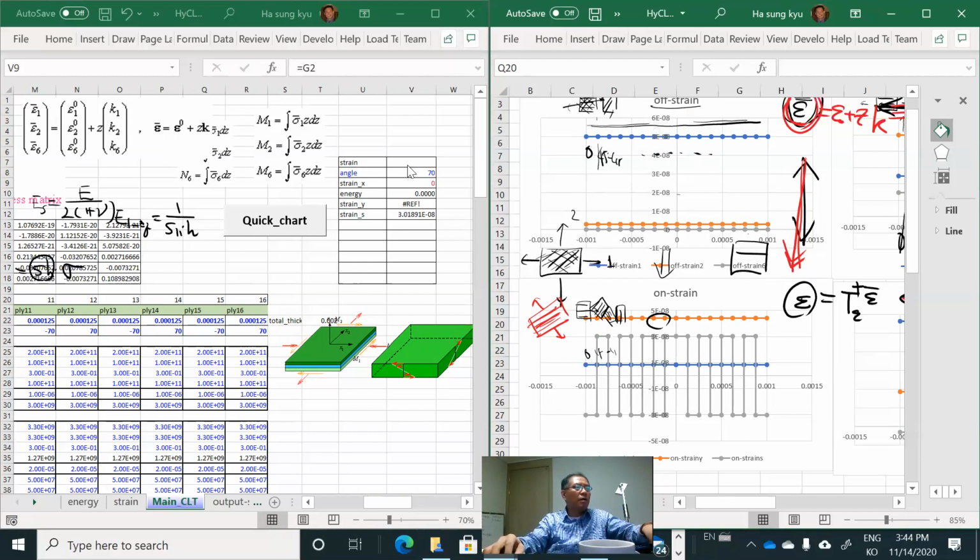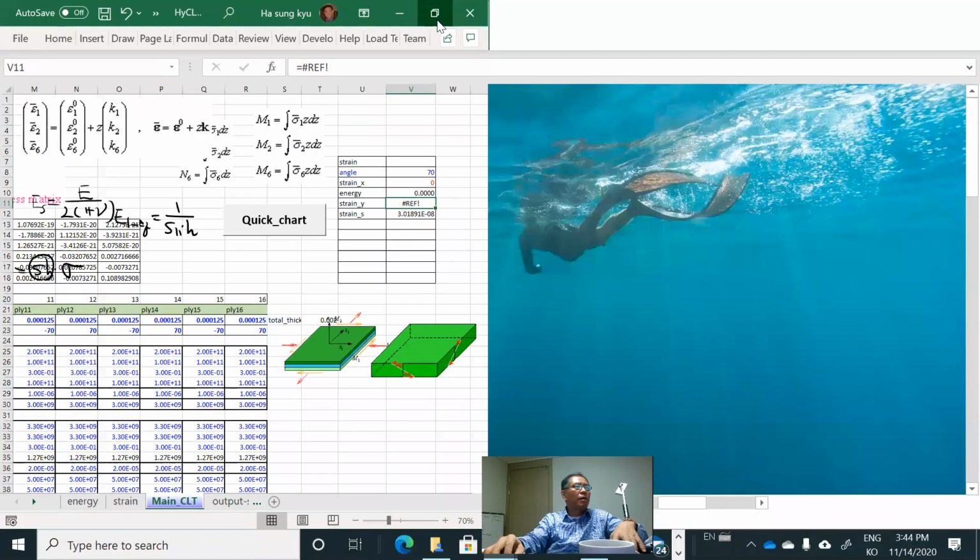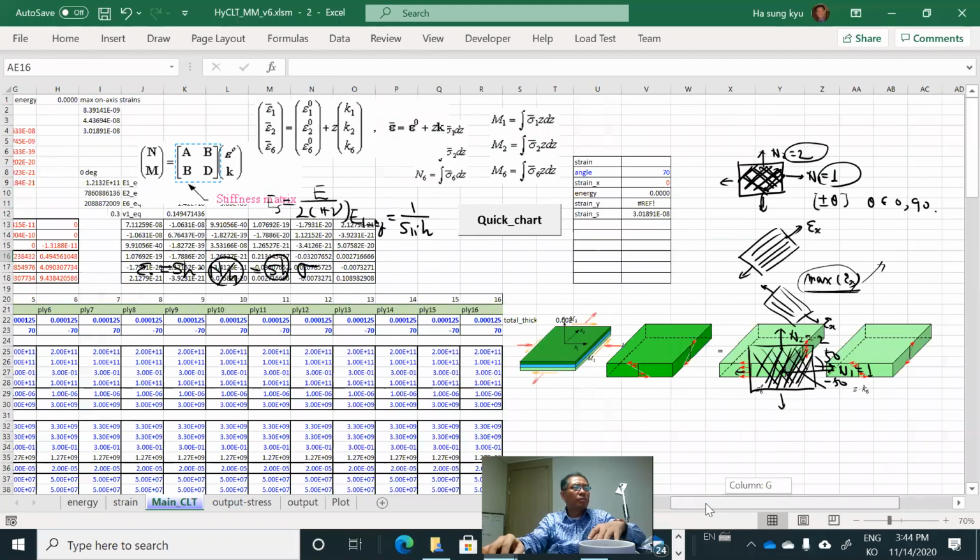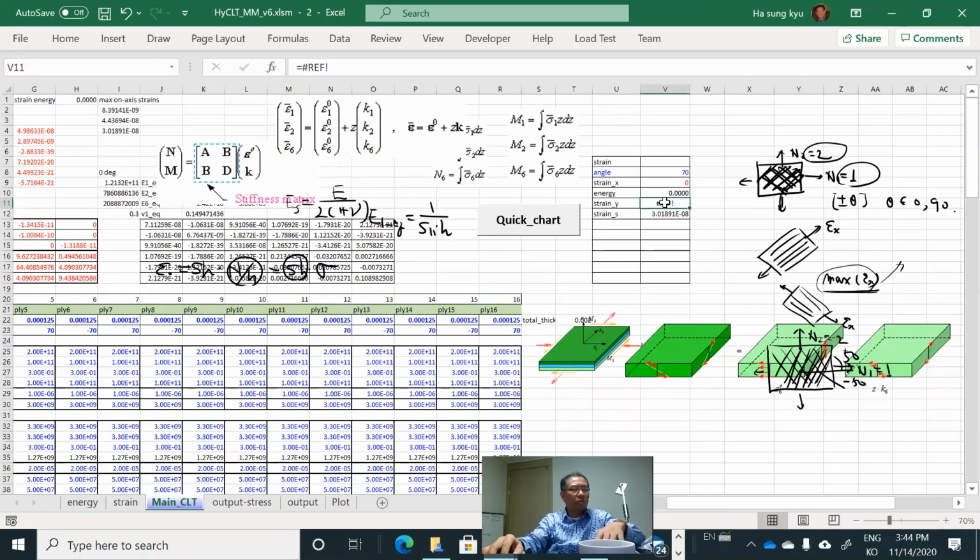And anyhow, okay, strain X is this, and the Y is, oops, oh man, confused here.